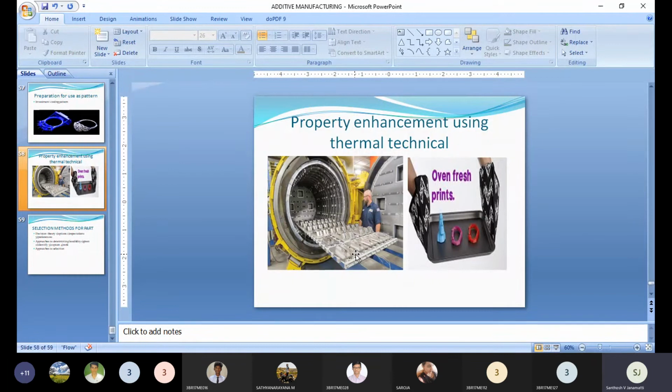Or the work stresses, which we can call residual stresses, present in the 3D product may also cause sudden failures, and the durability of the 3D product will be very low. The lifespan of the component will be very short due to such reasons.